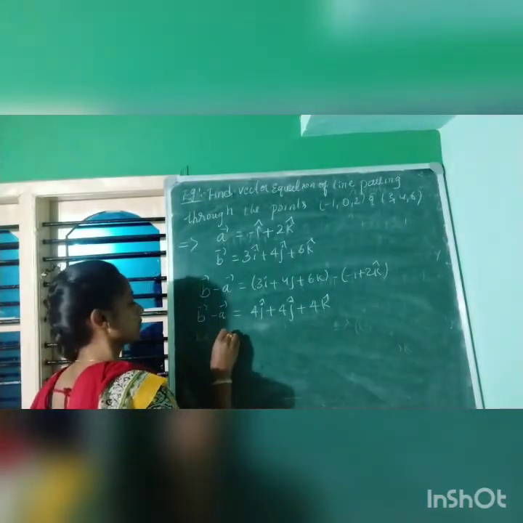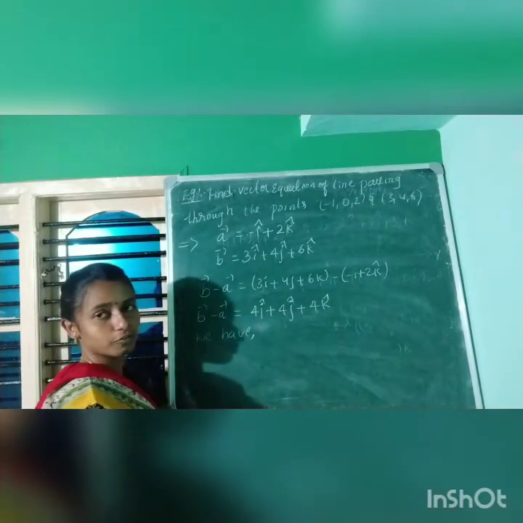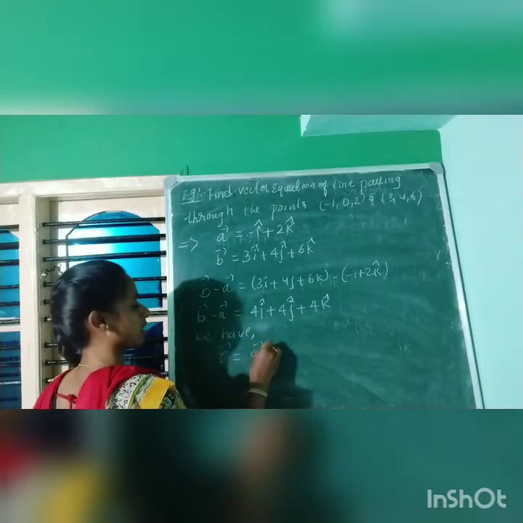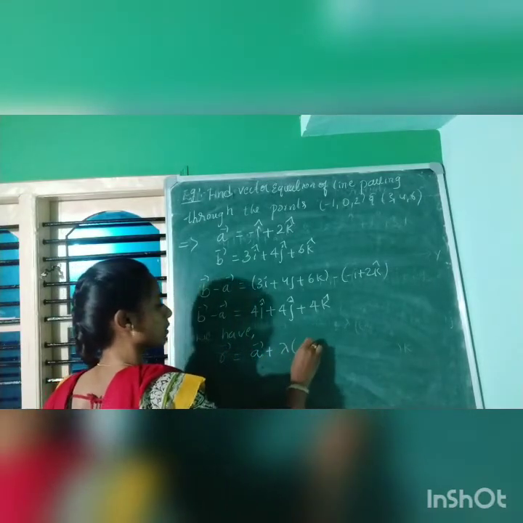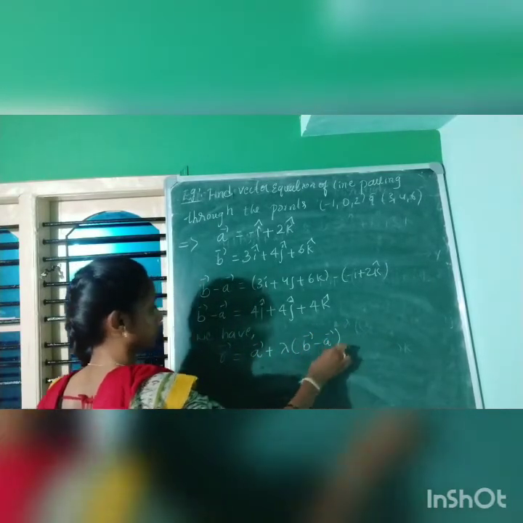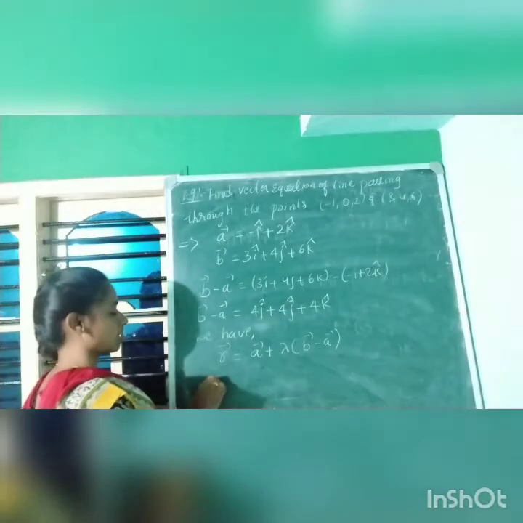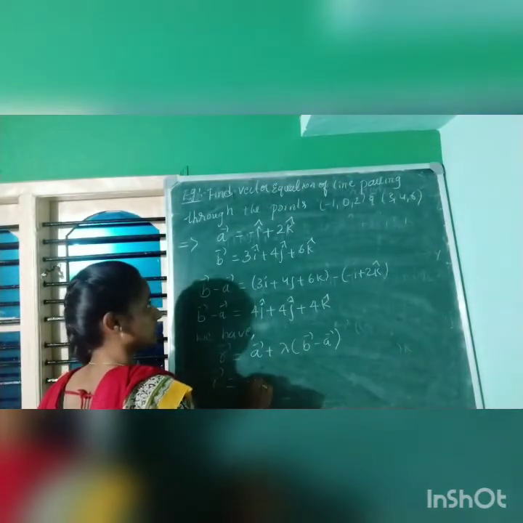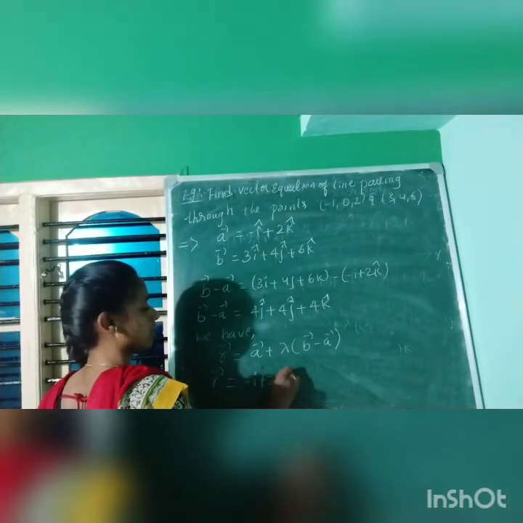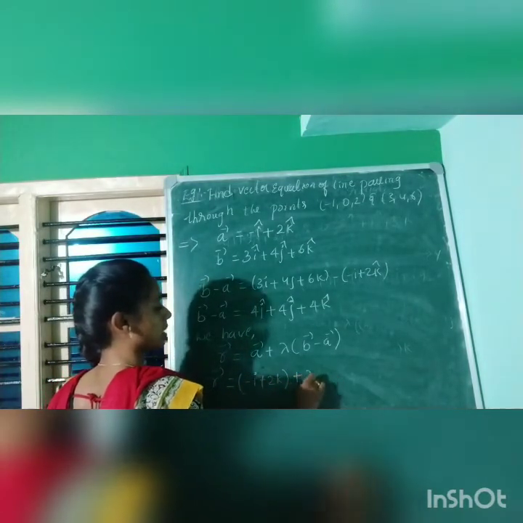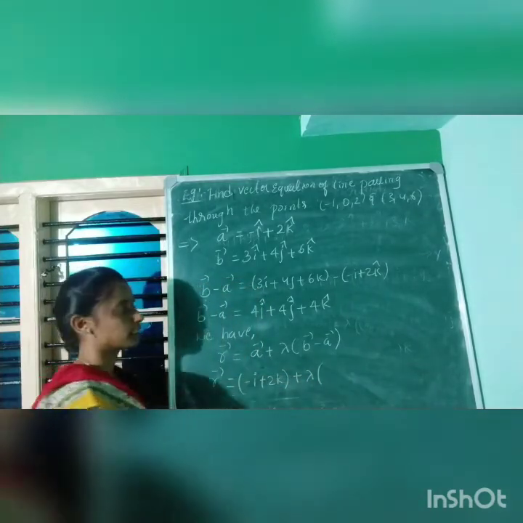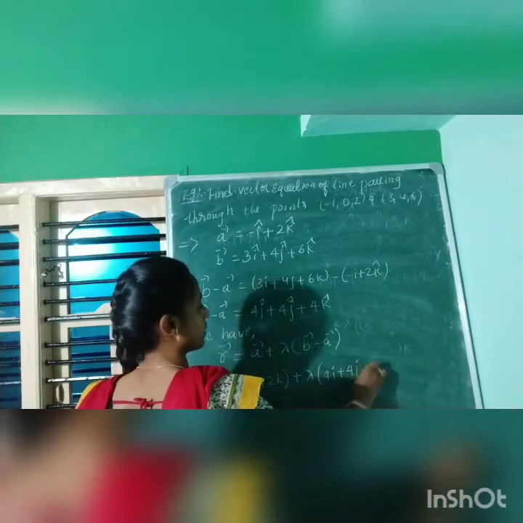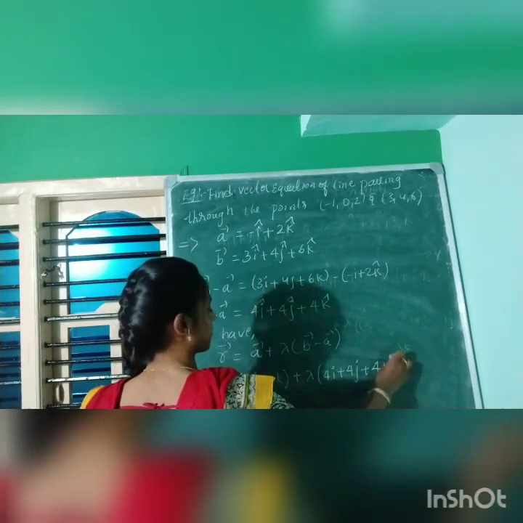Now we have the vector equation of a line: vector R is equal to vector A plus lambda into (vector B minus vector A). Vector R, you just write as it is. Vector A is minus i plus 2k, plus lambda into, as we got, B minus A, which is 4i plus 4j plus 4k.